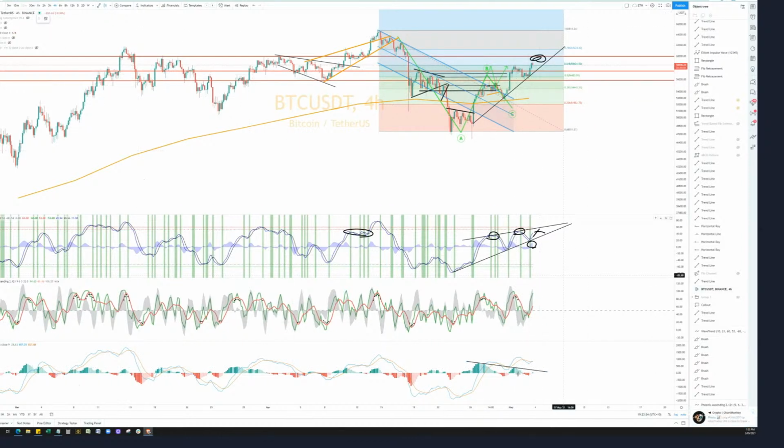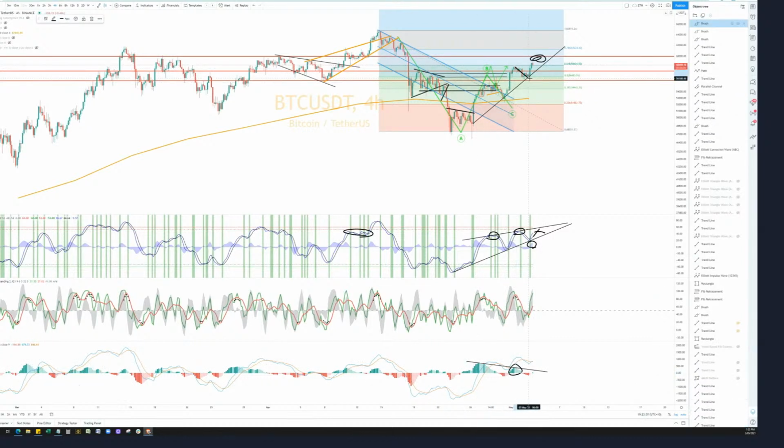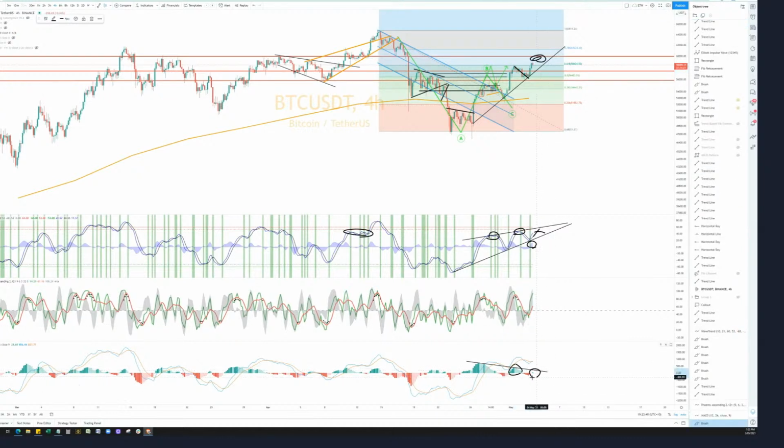So when this area crossed out and started coming down, that was the signal for my bearish divergence to play out, and that's the correction there. Now we're having this histogram coming up.